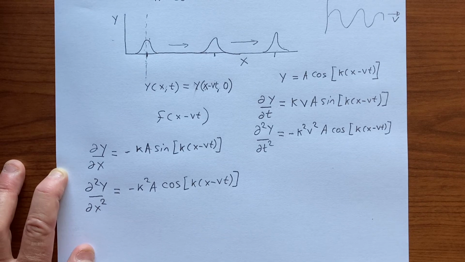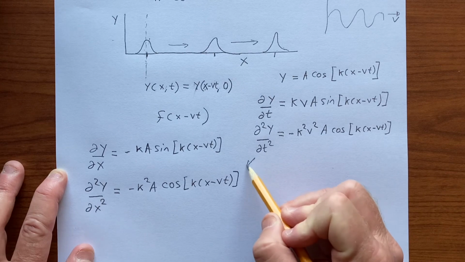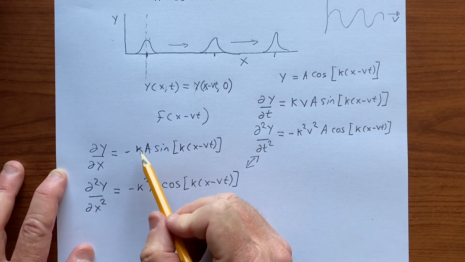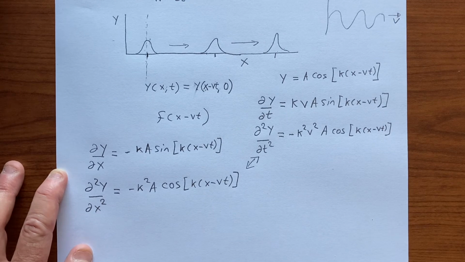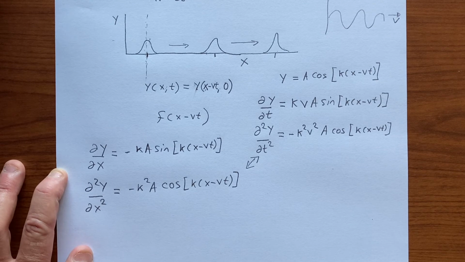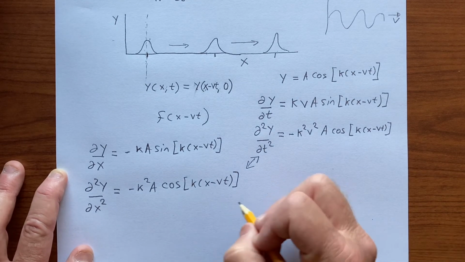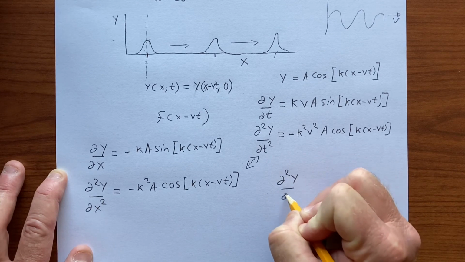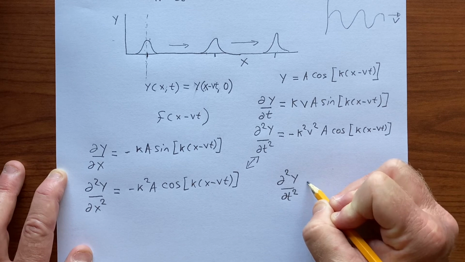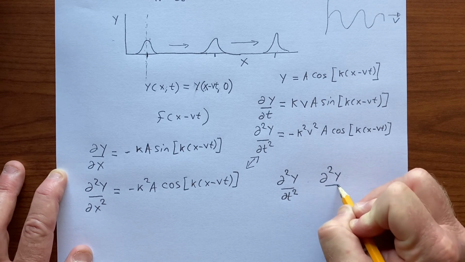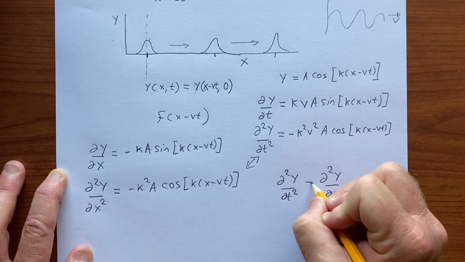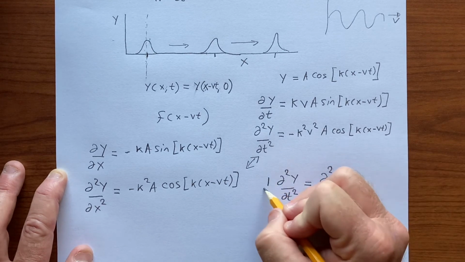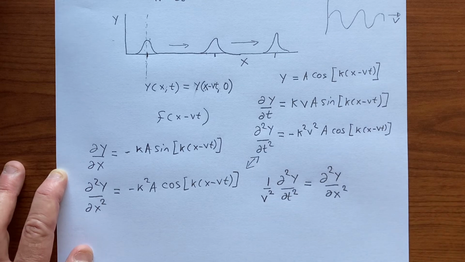And we can now relate these two terms. We could think of relating the first derivative terms, but if we consider the two derivatives in both space and time, then we can notice that d2y by dt squared is not quite equal to two derivatives of y in x. They will be equal to each other if we throw in this v squared term.